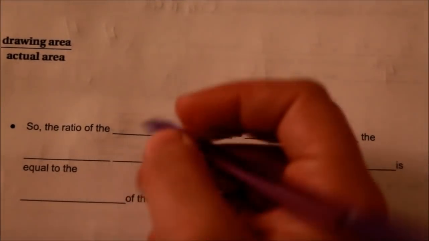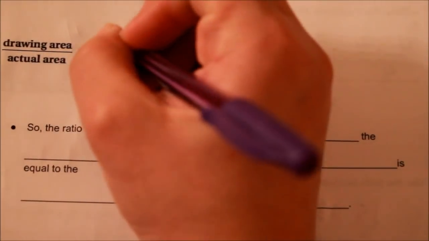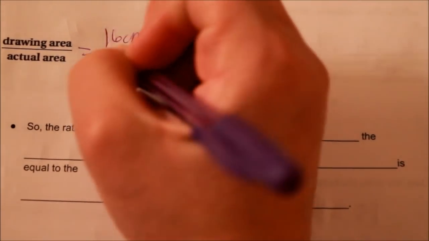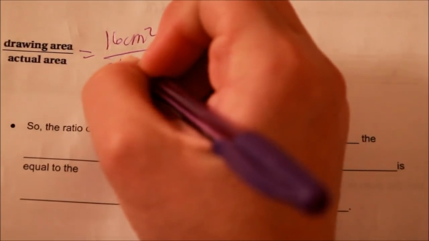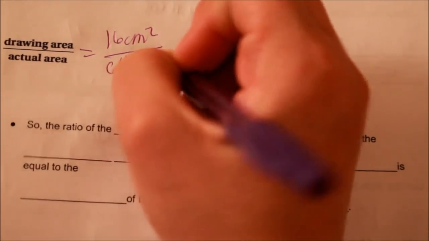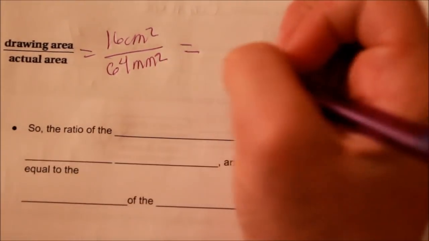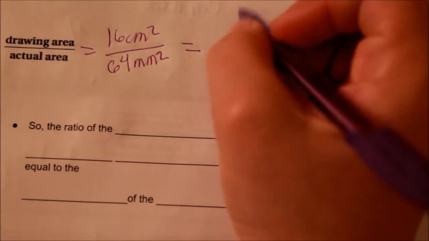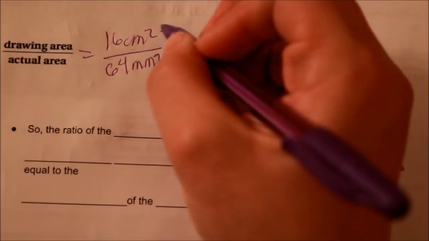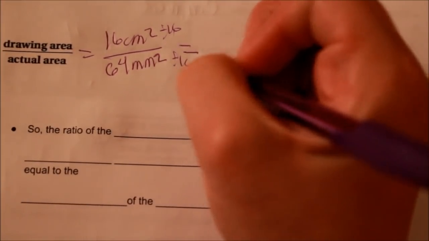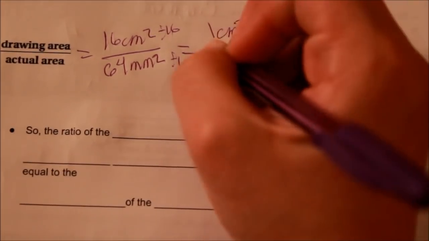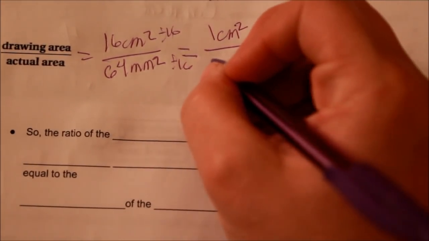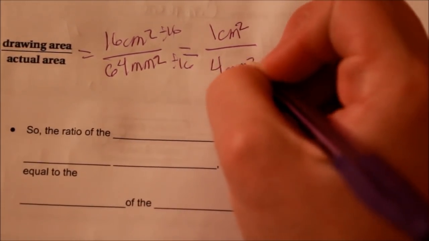Now the drawing area to the actual area. The drawing area was 16 centimeters squared, and the actual area was 64 millimeters squared. If we reduce this, we can divide by 16 and divide by 16 and find 1 centimeter squared over 4 millimeters squared.